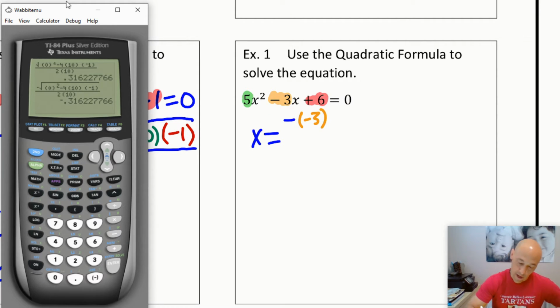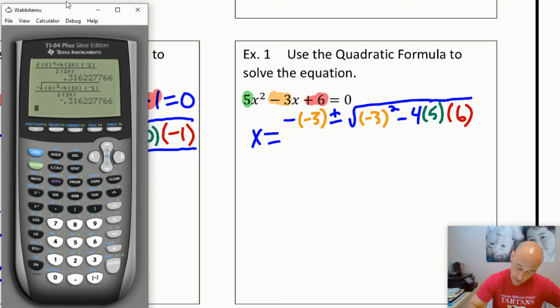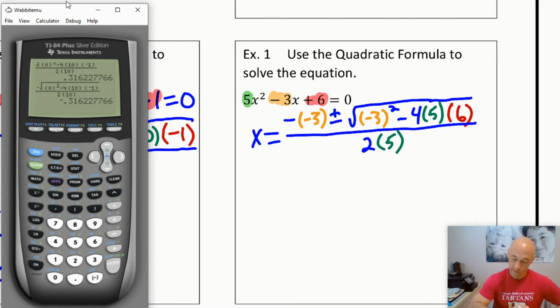So this is going to be negative 3 inside parentheses, which is really just a positive 3. Plus or minus the square root of b squared, so again, our b is negative 3. B squared minus 4 times A is 5, times C is 6. And extend that square root. All that stuff goes in the numerator, over 2 times A is 5.